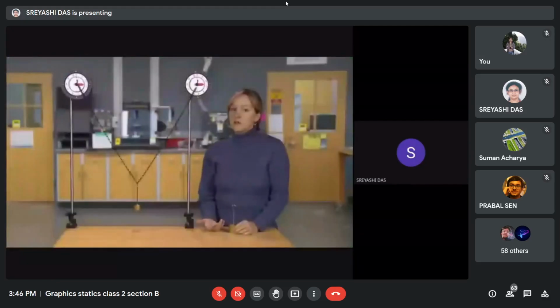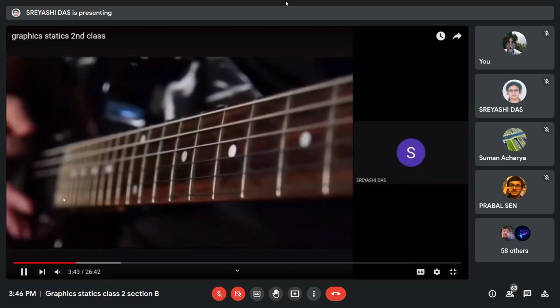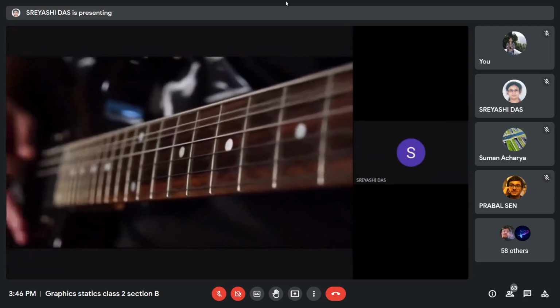Really anywhere where you see a rope or a string, you're going to find a funicular form. Strings on a guitar, as you pluck it, gives it different funicular forms.